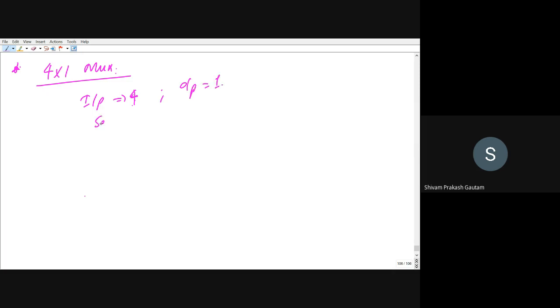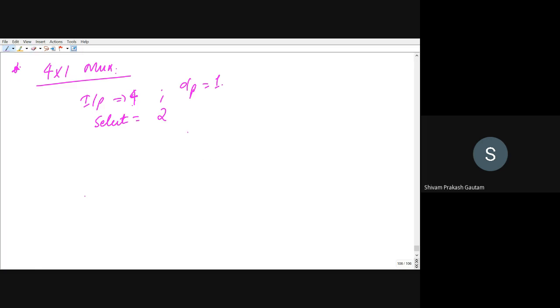And how many select lines will we require? If we are having 4 inputs, how many bits do we need for 4 combinations? 2 bits, right?